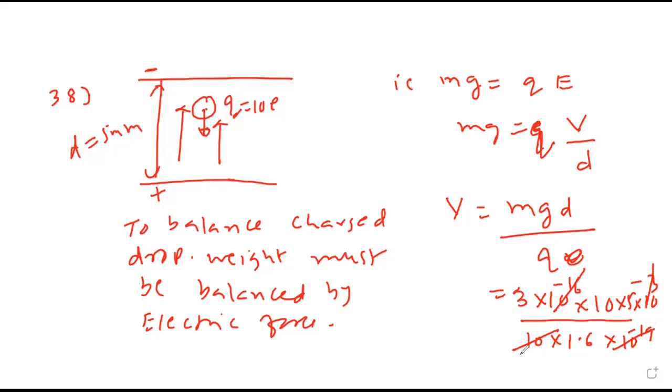You can cancel with this. So 3 into 5, 15 upon 1.6 into 10. That is 5 into 3, 15 upon 1.6, minus 18 got cancelled.